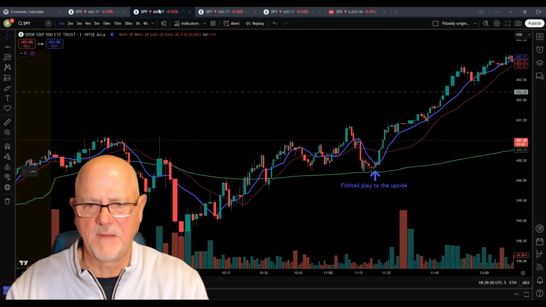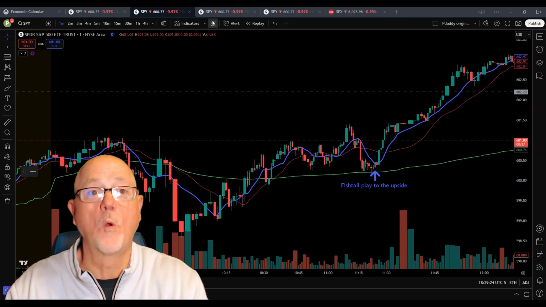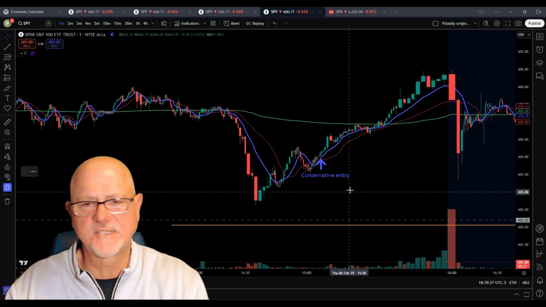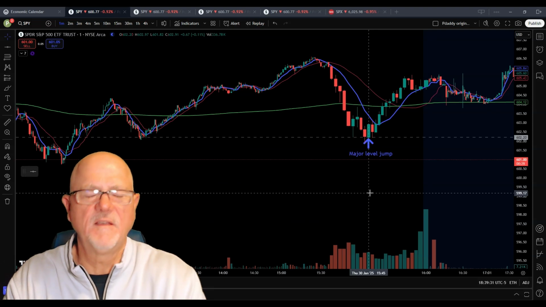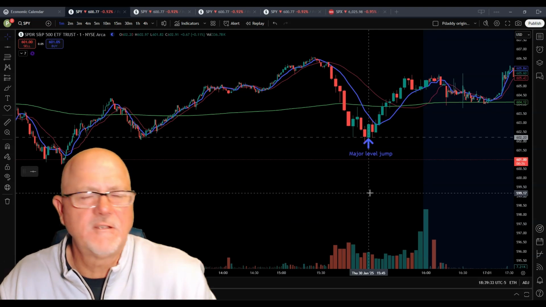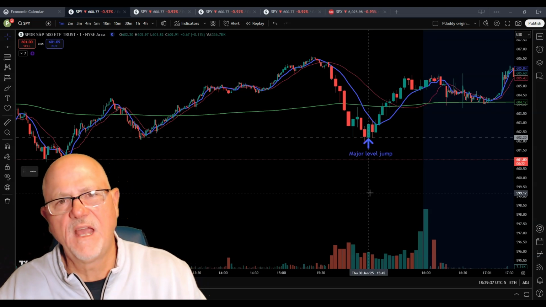My preference is either the fishtail play or the double cross. You can even do the conservative entry if you're just in a test mode or something like that. But focus on one and one only, and get really good at that one.